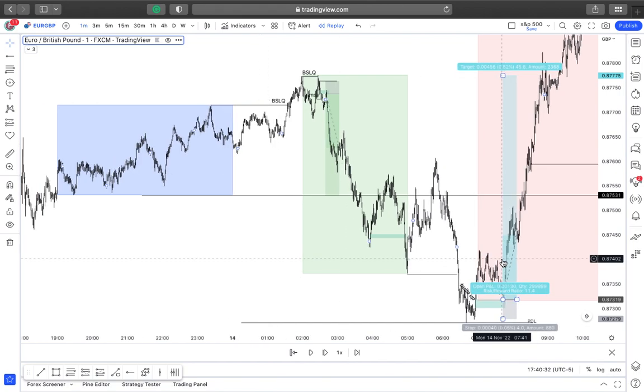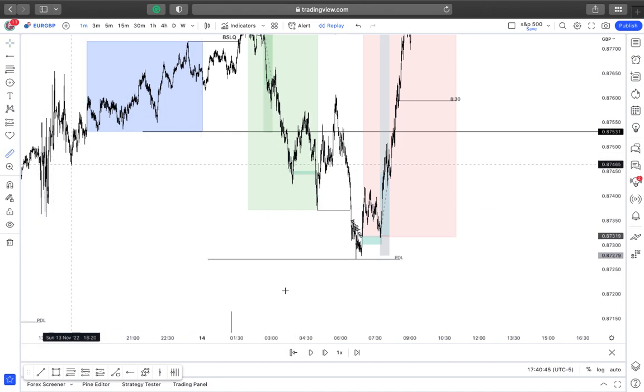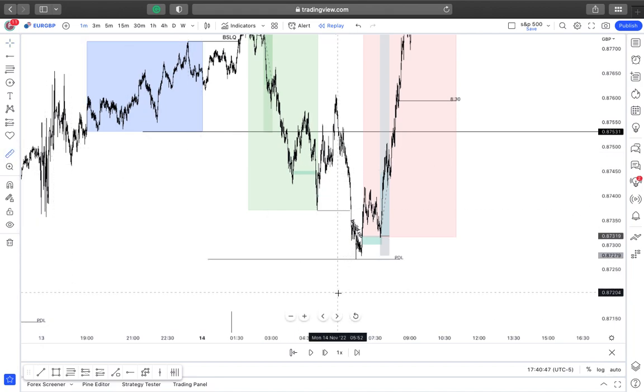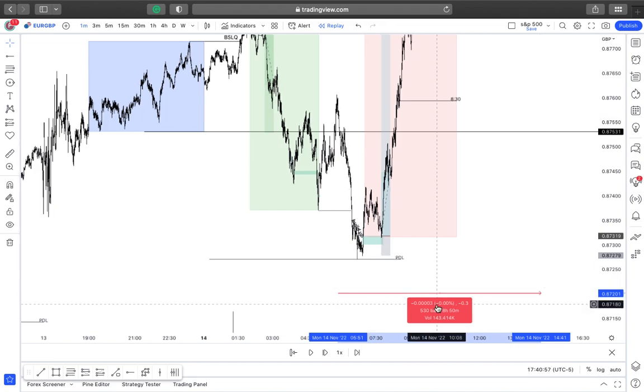So basically we only trade for, let me count, 540. That's it. So we trade only for 8 hours in the market.